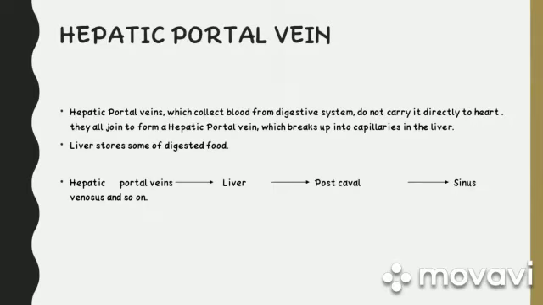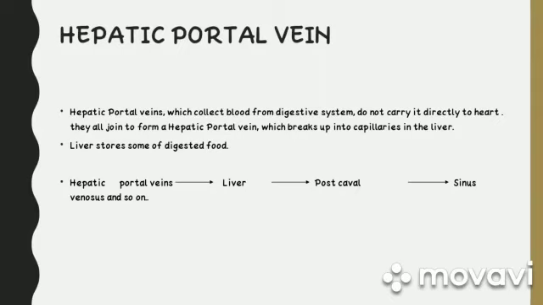Means the veins from each organ of digestive system join and make a major vein that is called hepatic portal vein. Then this hepatic portal vein breaks up into capillaries in the liver to allow the transfer of some of the digested food into the liver for storage.